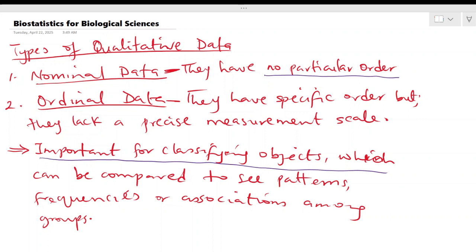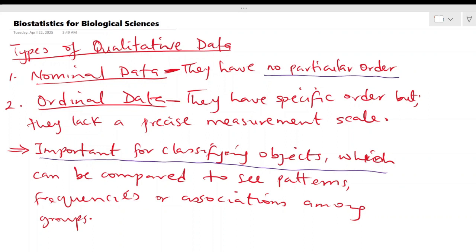So the importance of qualitative data in biological research. Why is it important? Who cares about qualitative data? Why do we want to do qualitative research in the first place? Qualitative data is important for classifying subjects into categories, and this enables us to compare and see patterns, frequencies, or associations among groups.